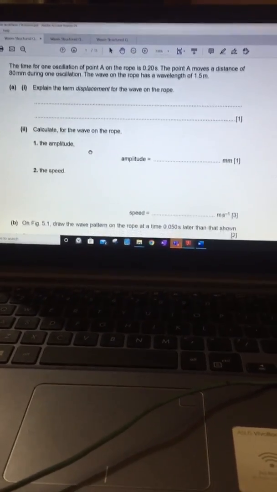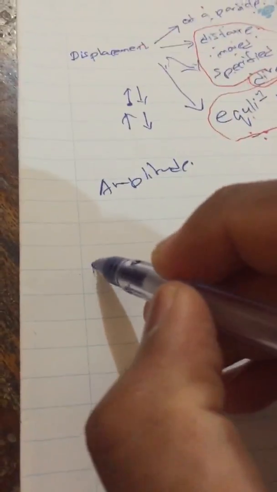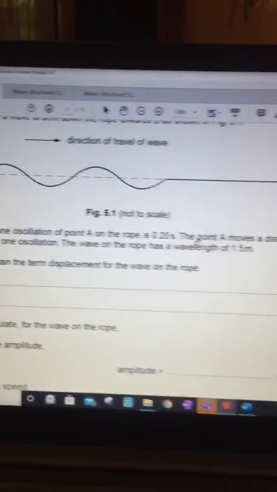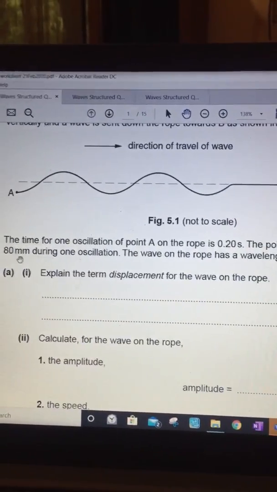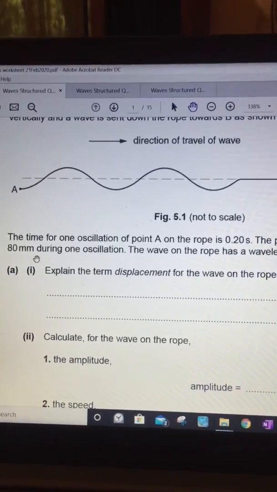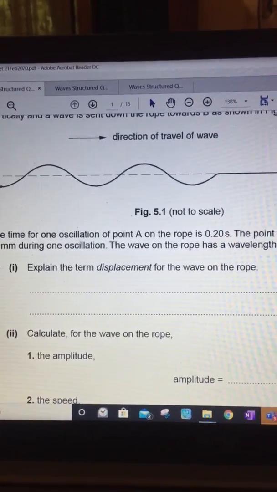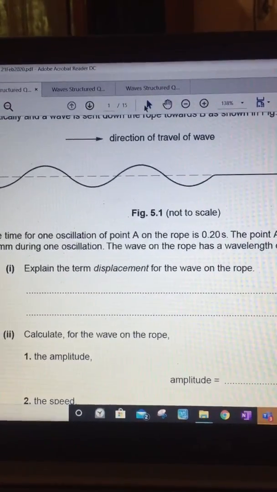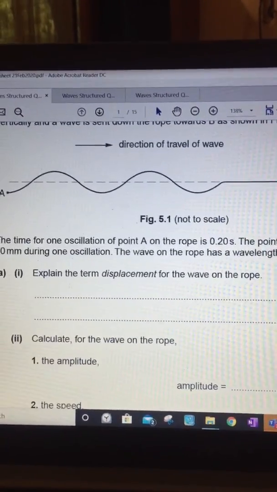Then, calculate for the wave on the rope the amplitude. In that 0.2 seconds, the point A moves a distance of 80 millimeter during one oscillation.